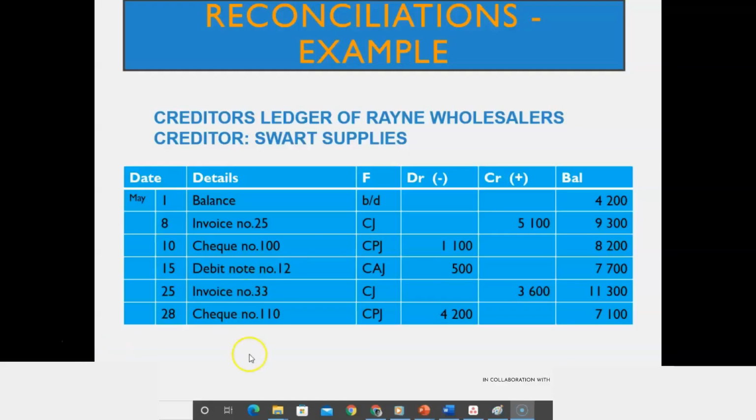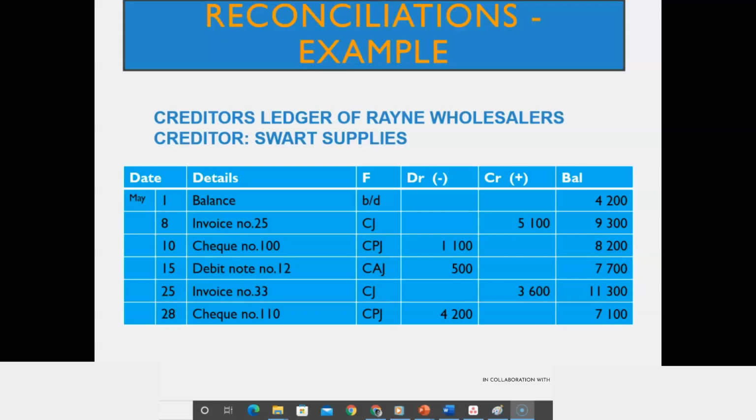And then we have the last one, obviously, which is the check. As you remember, with the check, it's a payment, and if it's a payment, it's affecting our CPJ, which is our cash payment journal. Since it's a liability, it's going to be reflected on our debit side because it reduces what we owe.